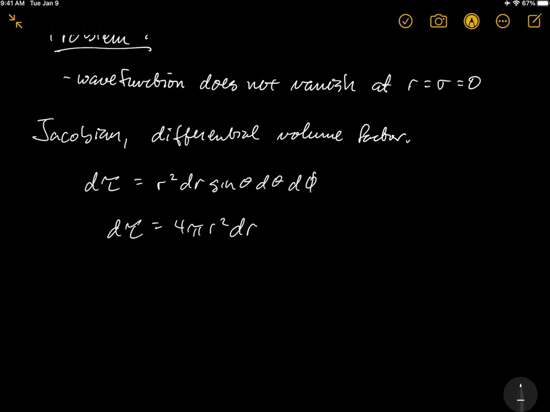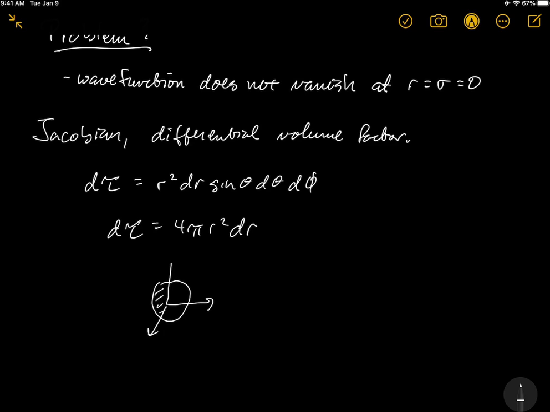Another way to look at it is the probability of being very, very close to the nucleus. Mathematically that works: the r squared cancels the 1 over r. But the way to think about it in terms of probability is that d tau is the volume of a spherical shell.